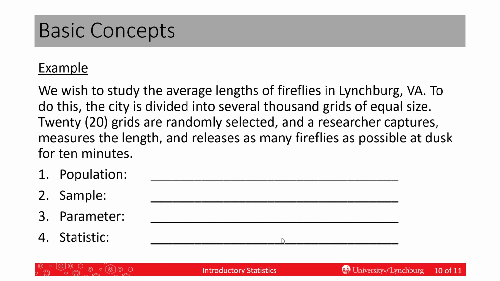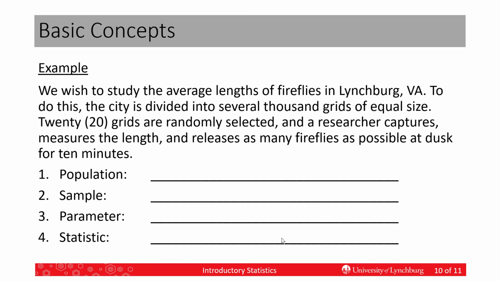So, and then just as a random number that I chose, let's say we randomly select 20 of those grids, and we send a researcher to each of those grids at dusk, and for 10 minutes, they're going to capture as many fireflies as they can, and then measure their length, and then release them without hurting them, okay? So we don't want any cruelty to fireflies, all right.